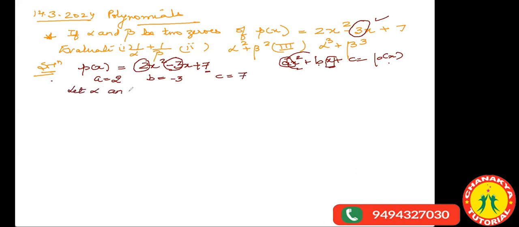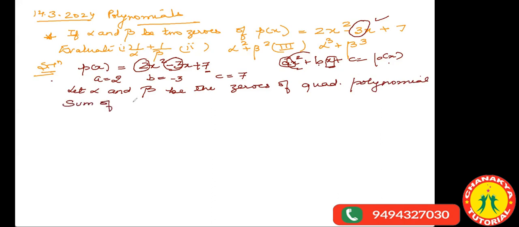Let alpha and beta be the zeros of quadratic polynomial. Right. Now, you will be writing here sum of the zeros. Shan, are you there? Yes, ma'am.